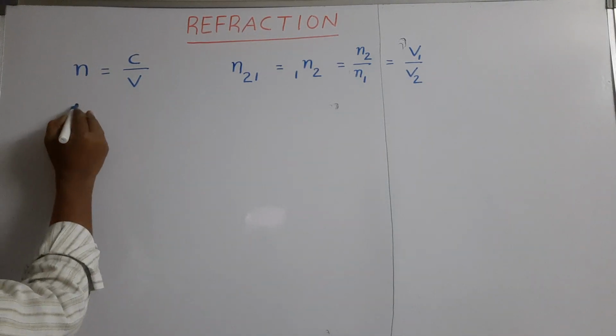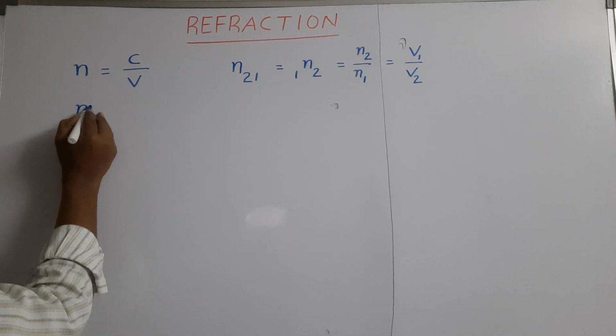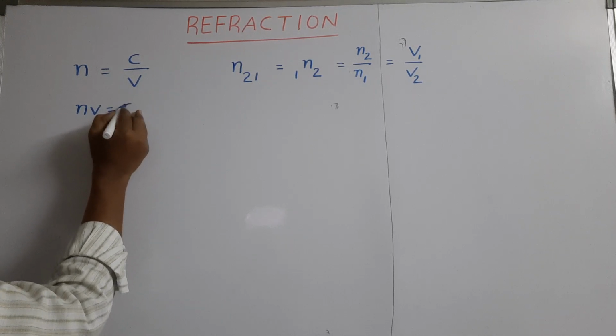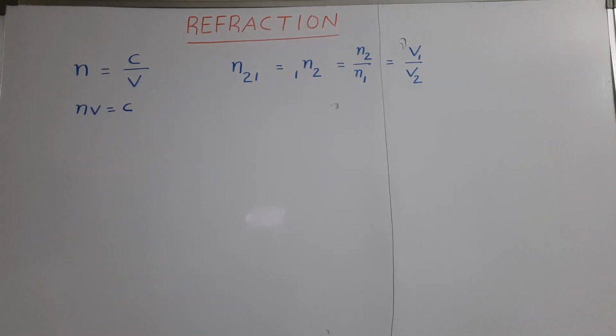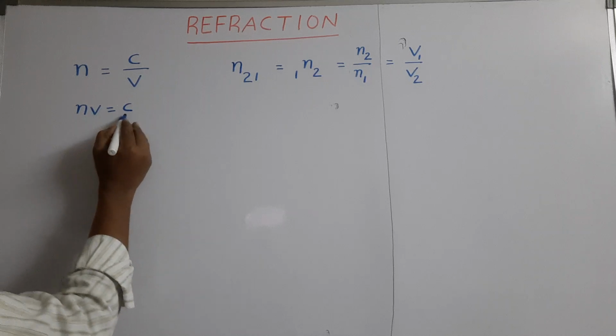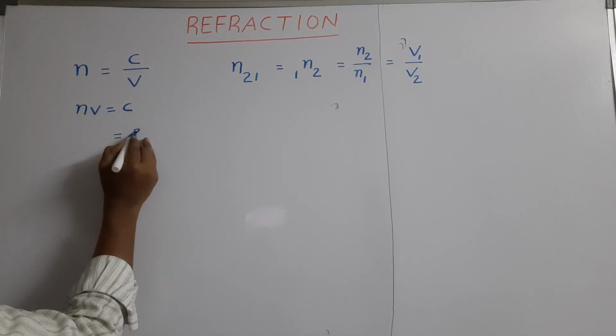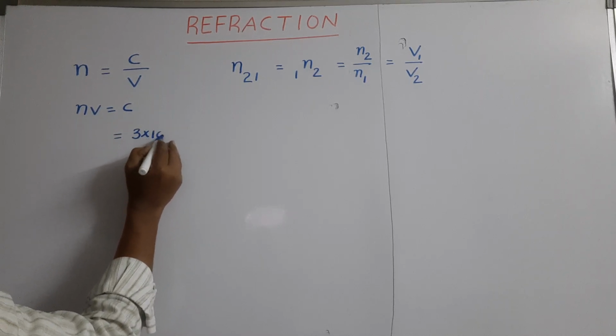From this equation we can write n into v is equal to c. N into v means refractive index into speed of light in that medium is equal to c. C stands for speed of light in vacuum, which is equal to 3 into 10 to the power of 8 meter per second.